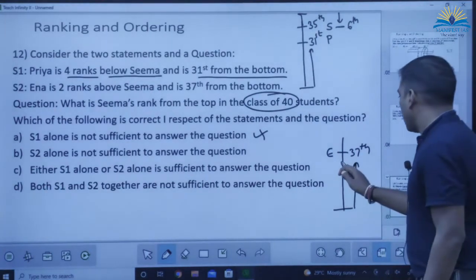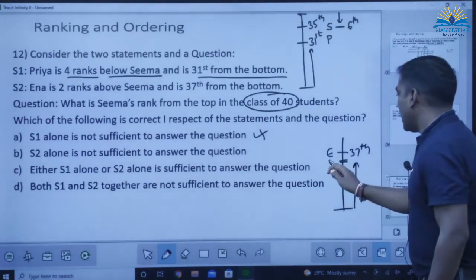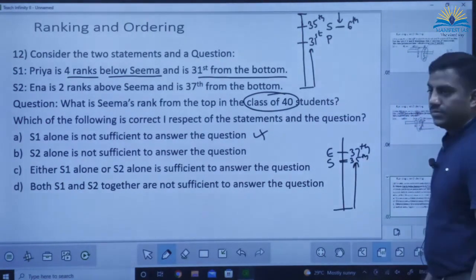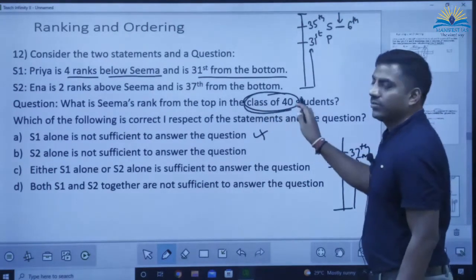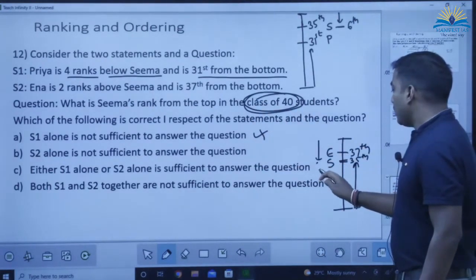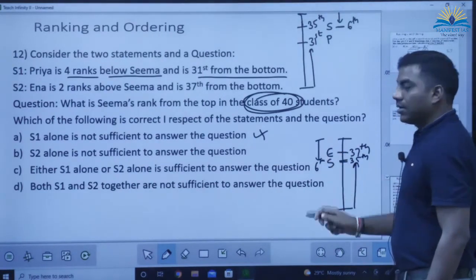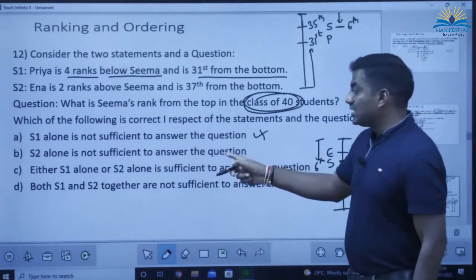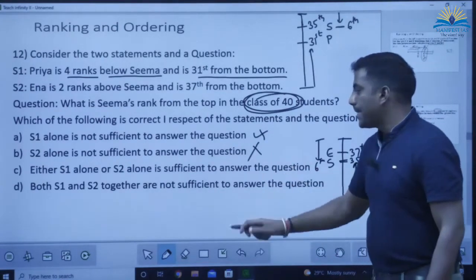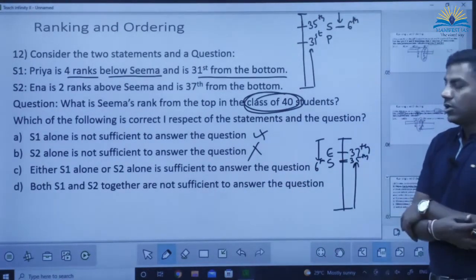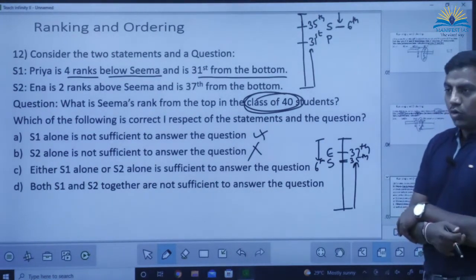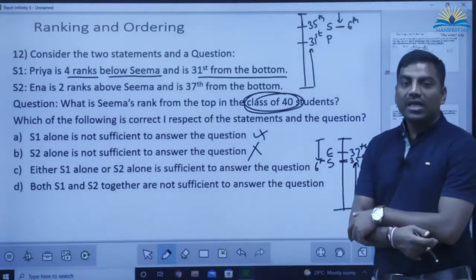Seema. 2 ranks above Seema means again Seema is coming at 35th position, in a class of 40. The question is in a class of 40. Same thing, no? We can determine the position of Seema again. So S2 alone is sufficient. That is why the third option: either S1 alone or S2 alone is sufficient.